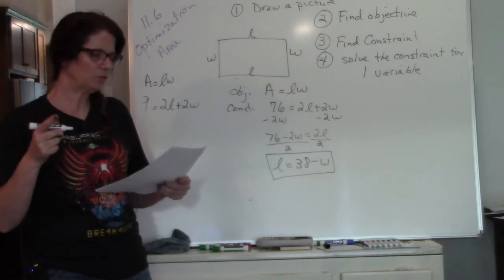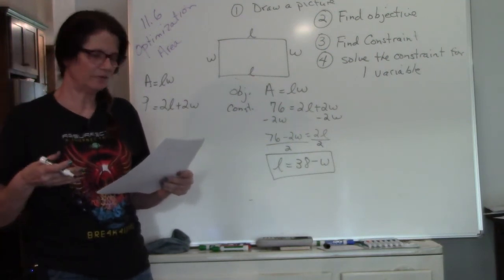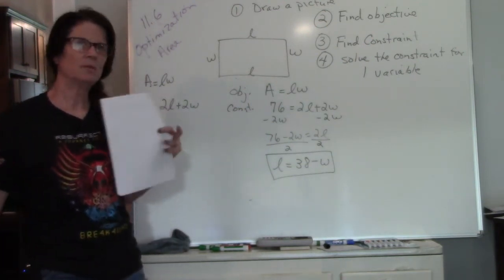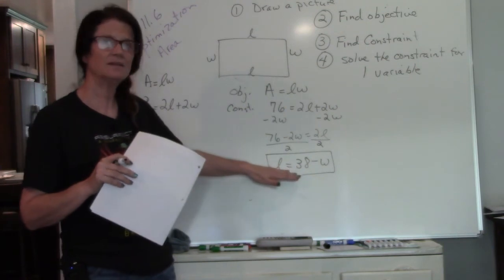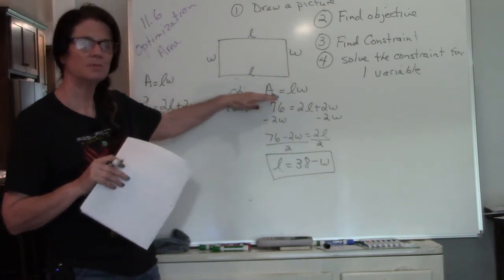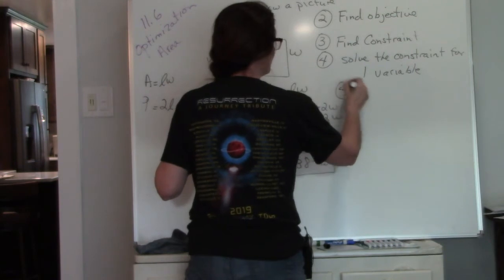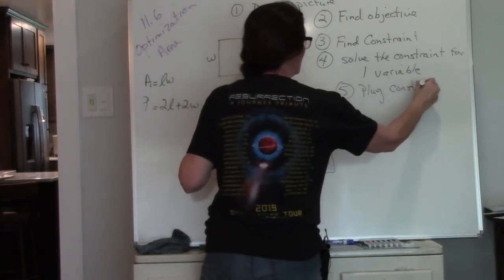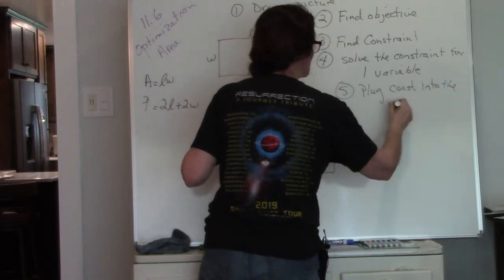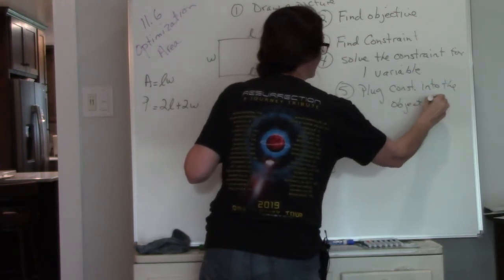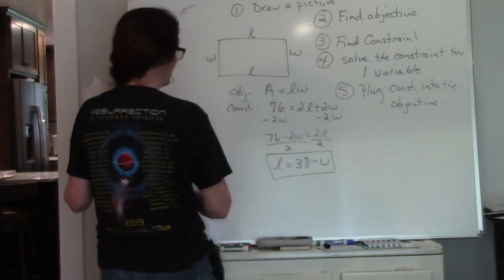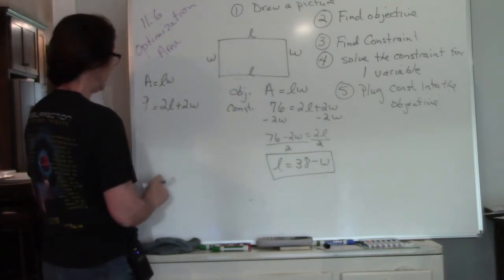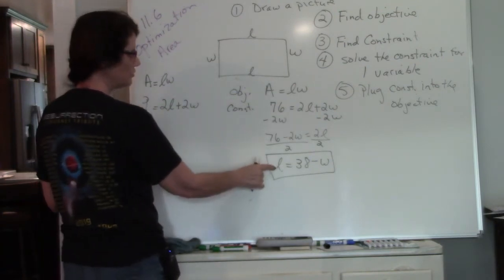Okay, so once we find our constraint, you're going to solve for one variable, and then you are going to plug the constraint into the objective. So that is our fifth step. Plug the constraint into the objective. Okay, so I'm going to do that over here. Oh boy, I'm running out of room already. Okay, so here's my constraint.